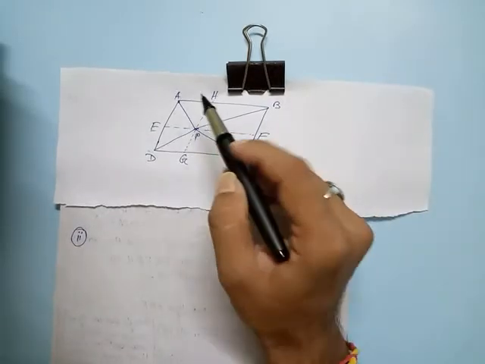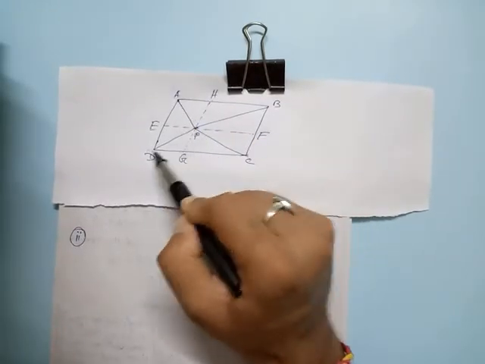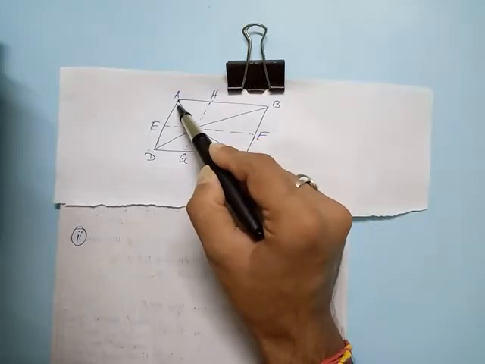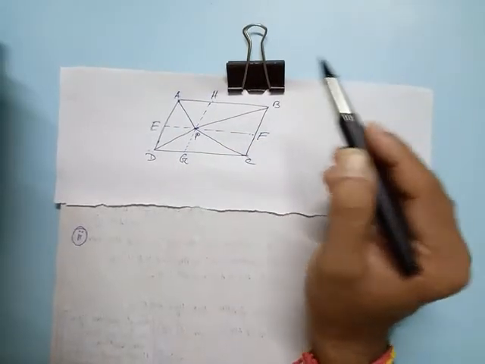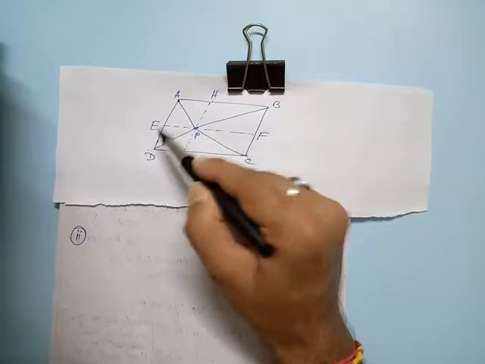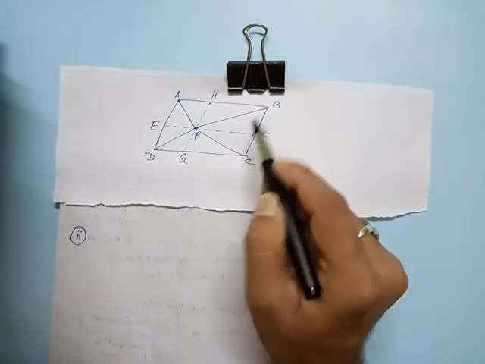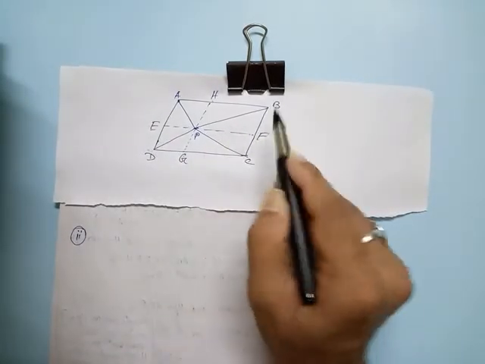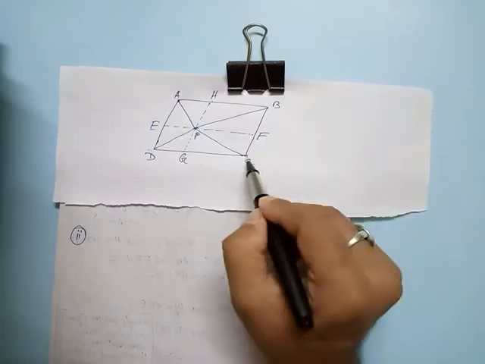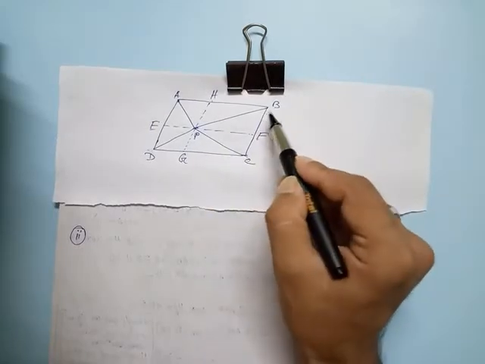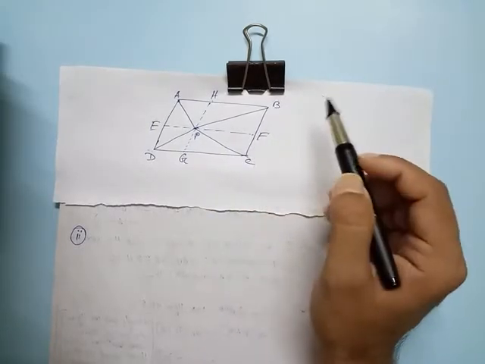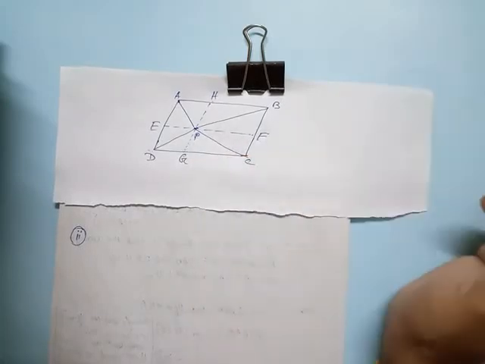So here in this case, triangle APD having the same base AD between the same parallel GH and AD, and in this case triangle BPC or CPB having the same base BC between the same parallel GH and BC.